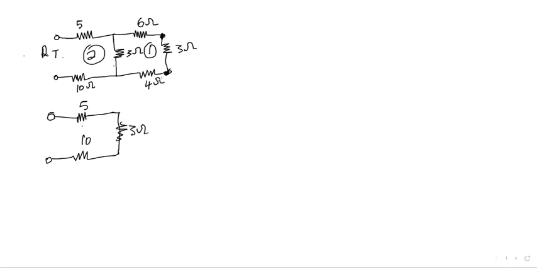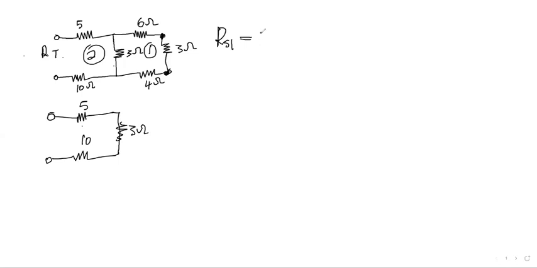Since these three resistors are connected in series, RS1 is to indicate you are calculating a series resistor. So you want to find the total amount of your series resistors. RS1 means series resistor 1.